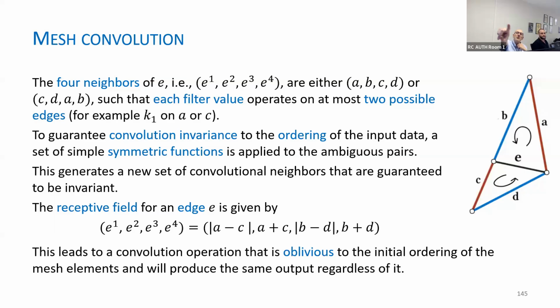They are symmetric because we have A minus C, A plus C, B minus D, and B plus D. In this way, the receptive field is independent from the ordering of the surrounding segments around the edge. So this is the way the convolution operation is defined on the mesh.